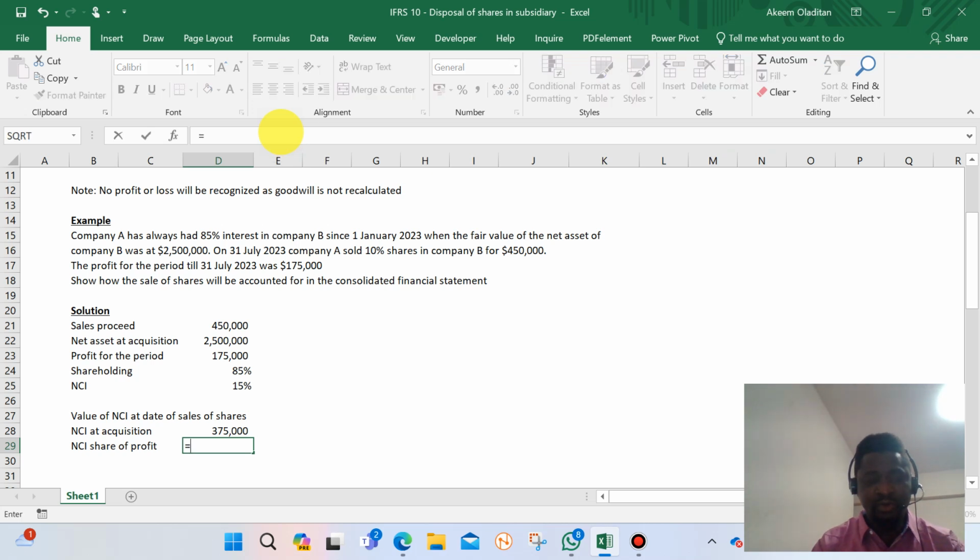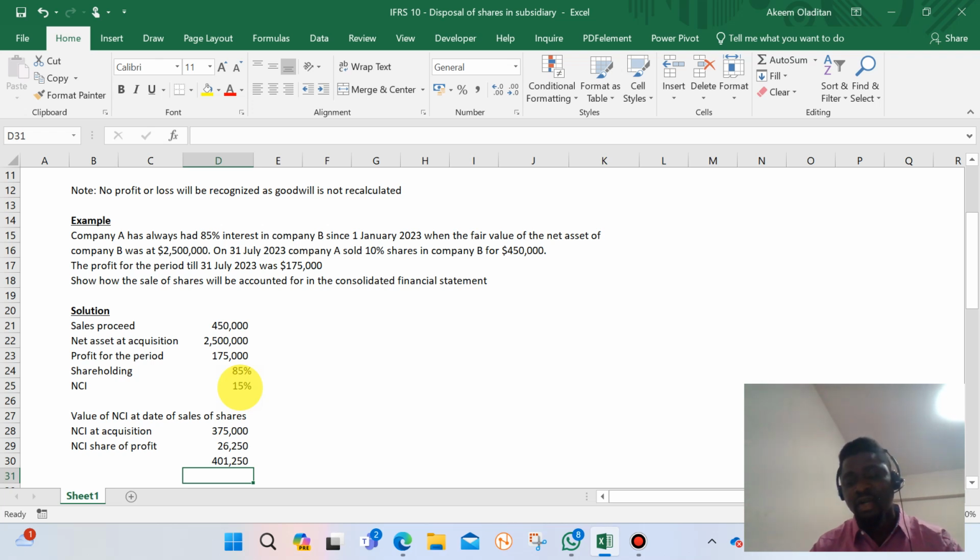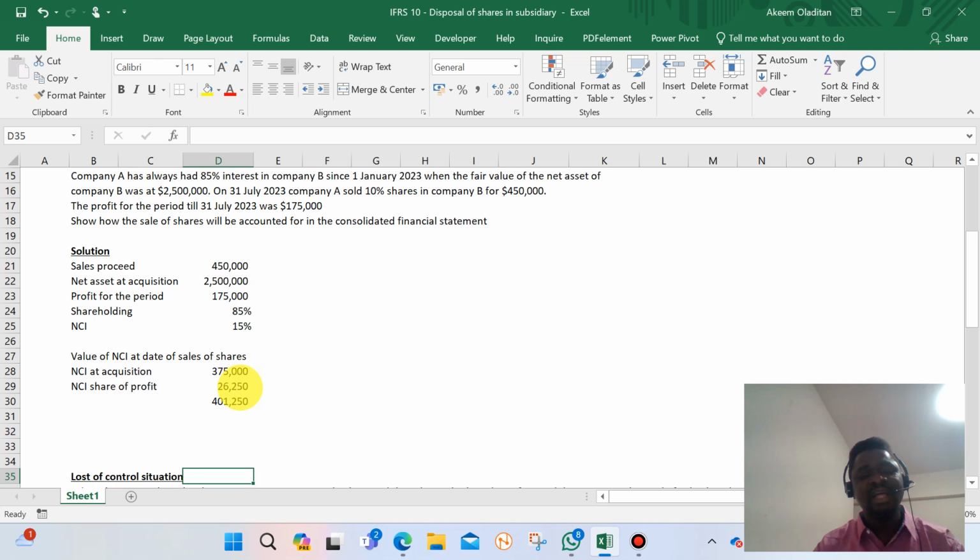The profit for the period is 175,000. What is the NCI share of that profit? 175,000 times the NCI share, which is 15%. So the total value of NCI will be 401,250. So when we have 401,250, it means that the value of NCI at the date of sale is this.